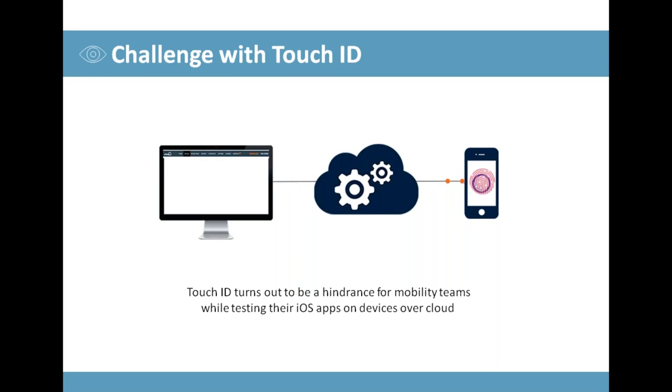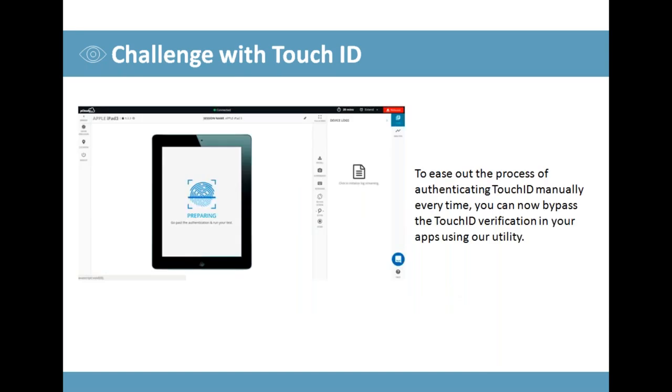We have come up with a solution which will help you to do that, typically on the cloud environment or the platform like pCloudy, where you are accessing the remote device. This is one of the challenges with Touch ID, as I was discussing a minute back: to ease out the process of authenticating Touch ID manually every time.